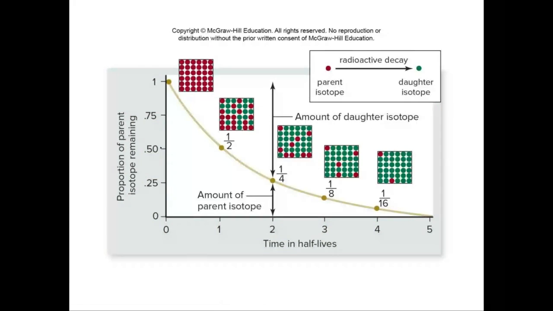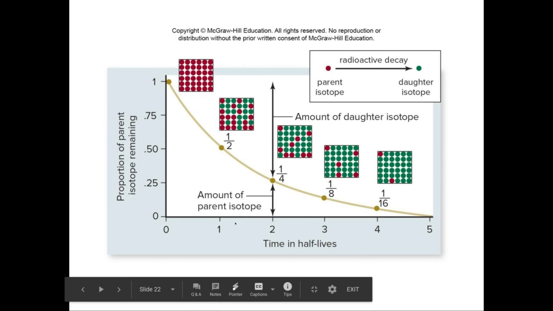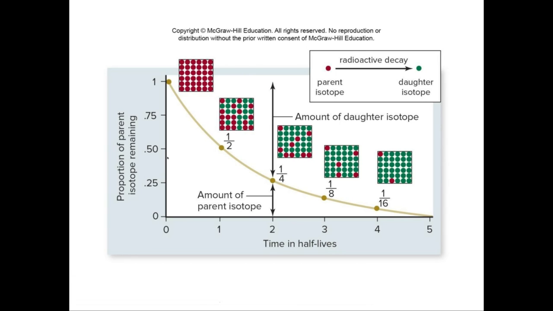And this is what we can look at, right? So we have some sort of event that's happened a long time ago. This is the proportion of parent isotope remaining, and this is the number of half-lives. So remember, a half-life is the time for half of the population to lose their extra neutron. We start off with 100% of the population being the isotope.